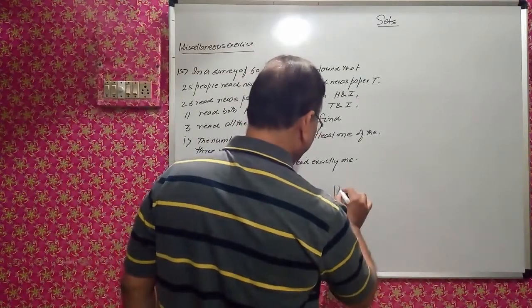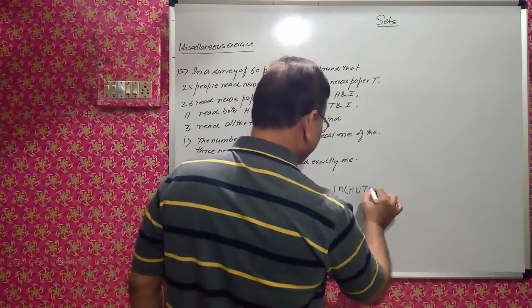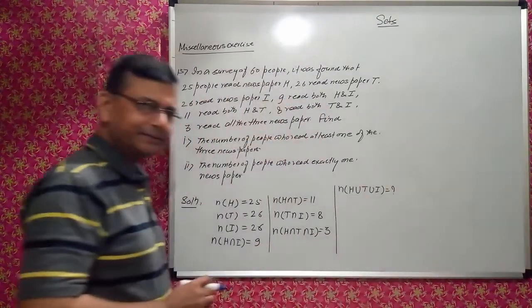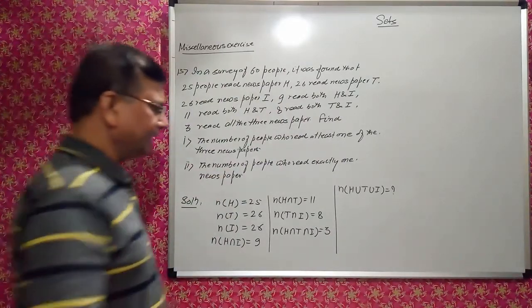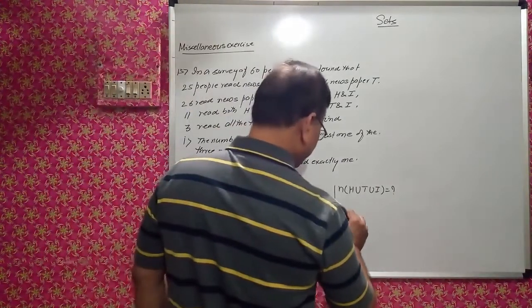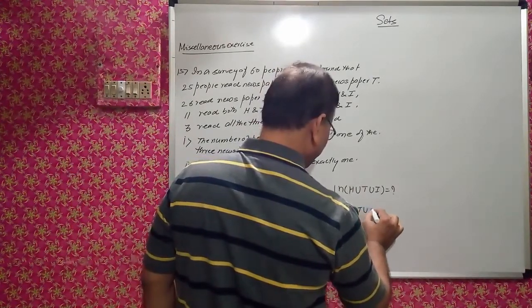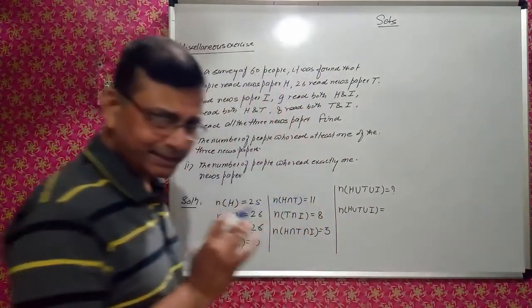N(H union T union I). This is needed. First part. Right? So we will go for this. So we know one thing, that N(H union T union I) is equal to, this formula I have already established.